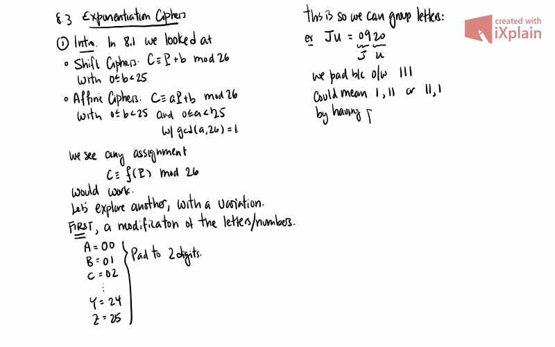By having the padding, 1 and 11 would come across as 0111, and 11 and 1 would come across as 1101. So the 0 is just a placeholder to make it, in this case, a 4-digit number. If you wanted to do 3 letters, you would have a 6-digit number, and so on. We'll continue that as we go through the rest of the encryption methods.